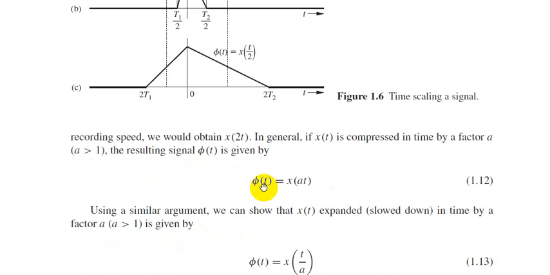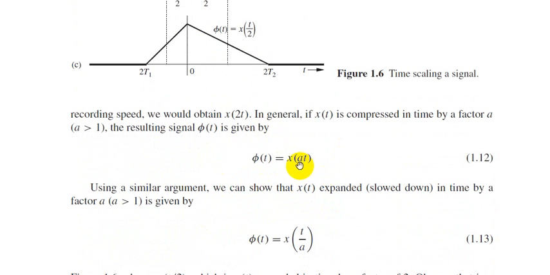Here, the general format of scaling operation is given, where the scaled signal phi of t is equal to x of alpha t. Alpha can be 1. If alpha is 1, then there is no scaling happening here. If alpha is other than 1, it can be 0.5, which is half, 0.75, which is 3 by 4, it can be 2, it can be 2.5, whatever the value.